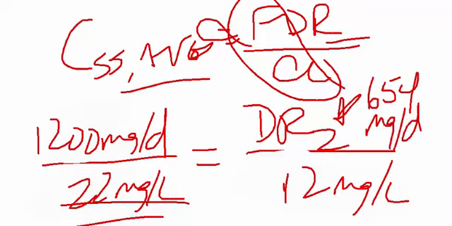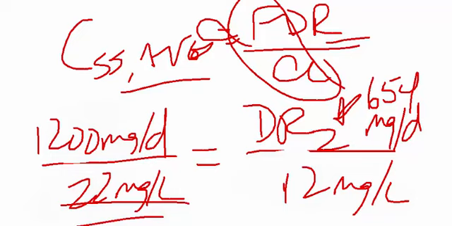And again, if we divide that into 654 divided by 24, so that's about 27 milligrams per hour. So we're in the same pickle, right, as we were before.